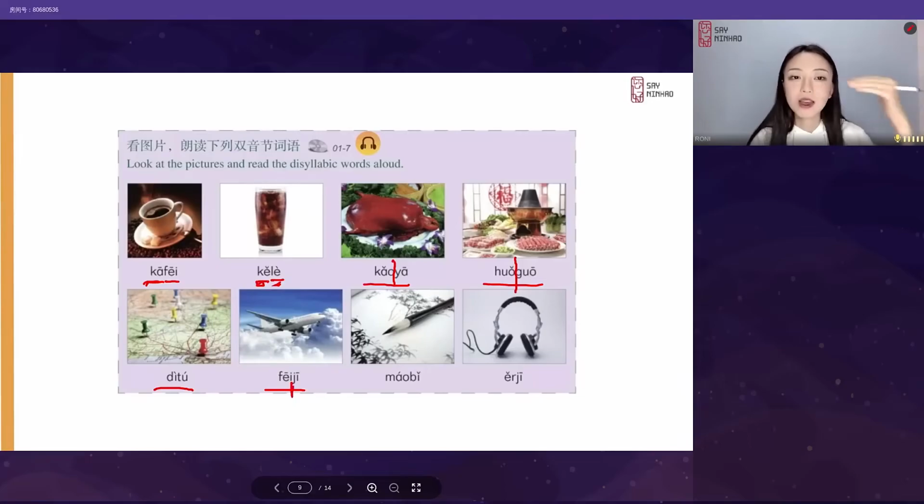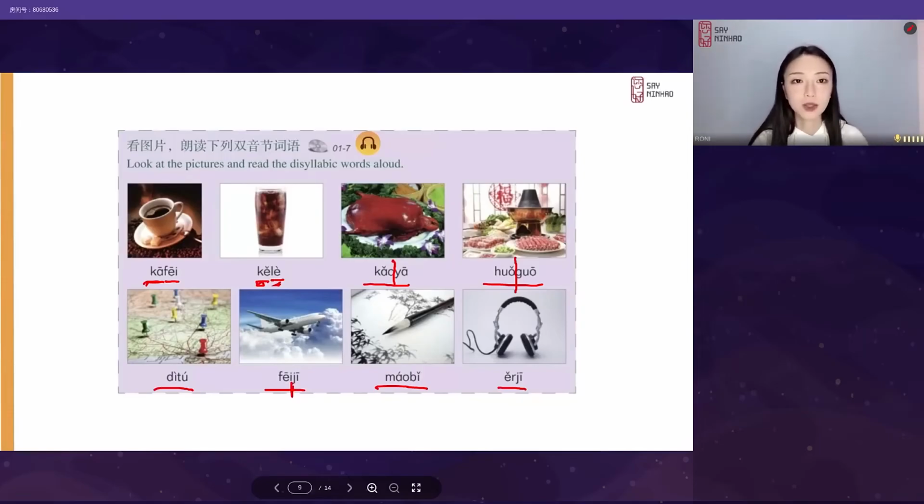Fei ji. Next one. Mao bi. Read after me, please. Mao bi. It means brush pen. Last one is er ji, earphones.